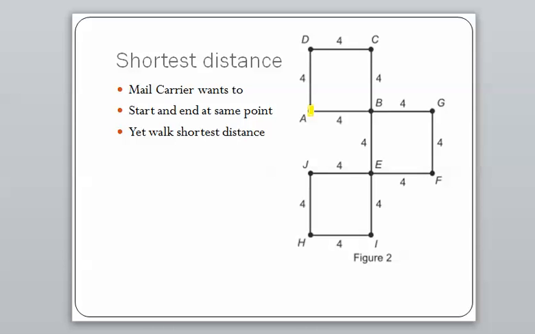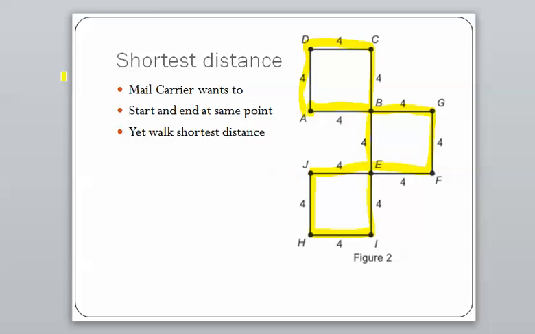So, like if this was a mail carrier, parks his truck right here. He wants to walk the shortest distance he can and hit every one of the streets and all of the points. Okay? So if he goes like this, down to here, and over to here, and down like this, and over and up, see how I'm hitting all the points?